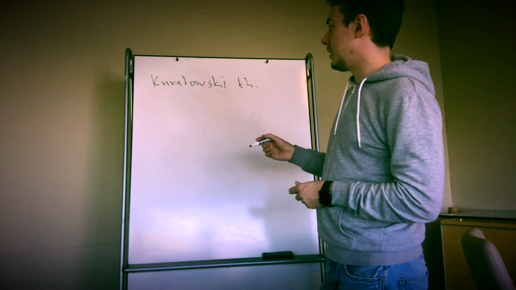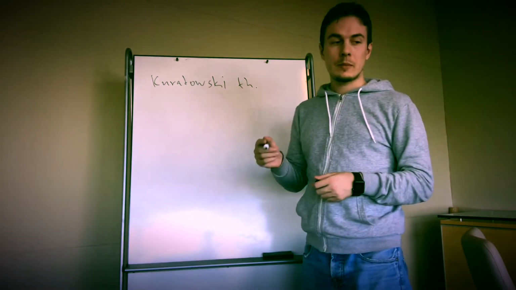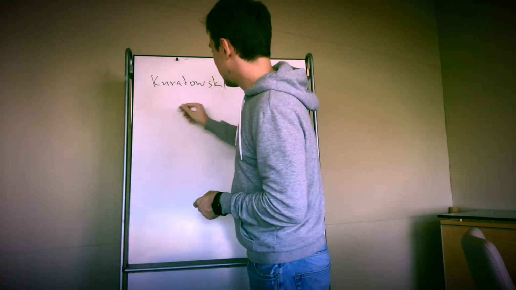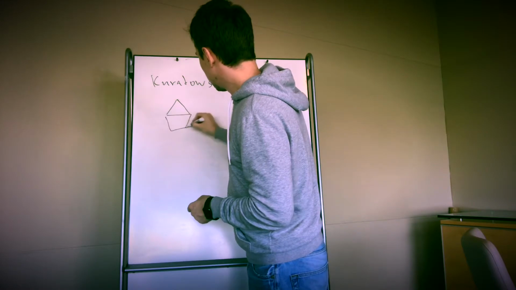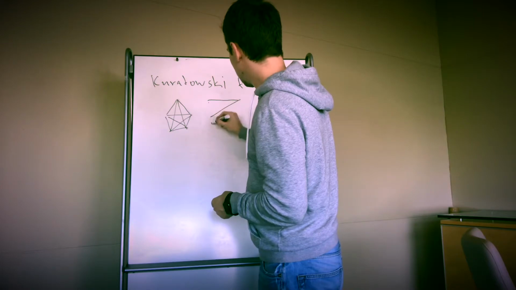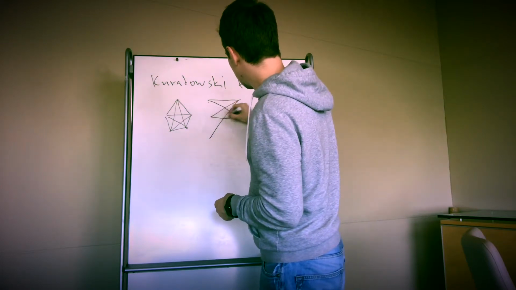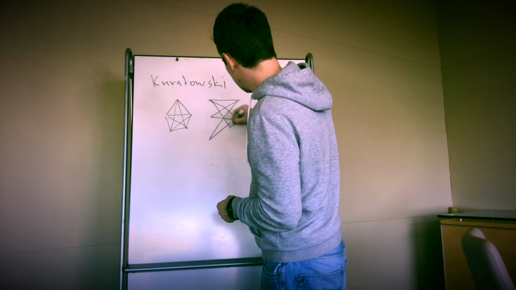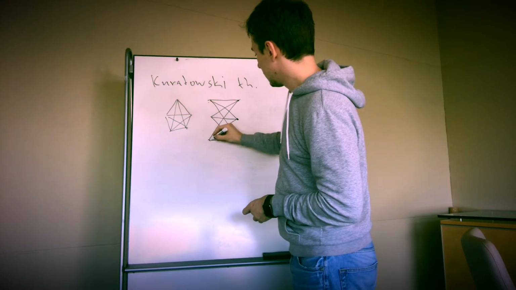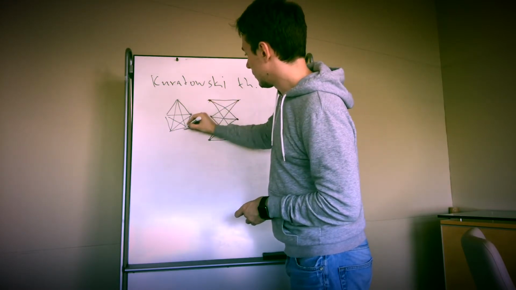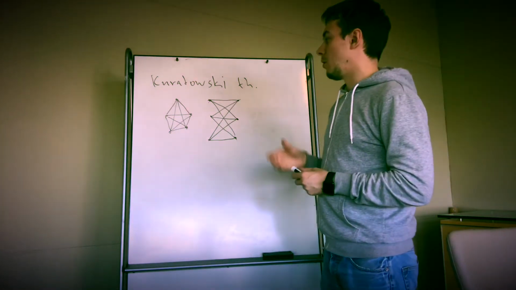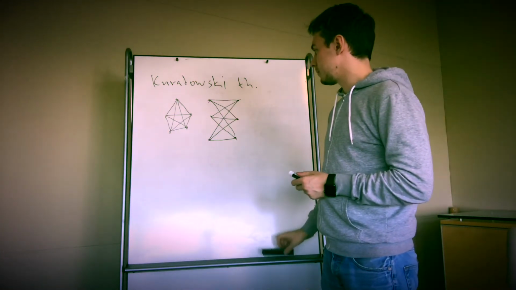It says that if a graph contains this graph or this graph as a subdivision, then this graph is not planar. Otherwise, it is a planar graph.